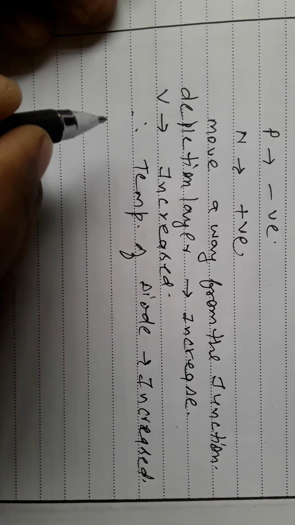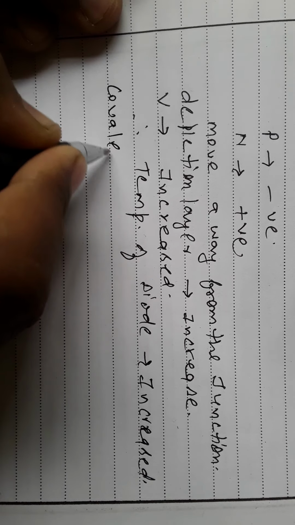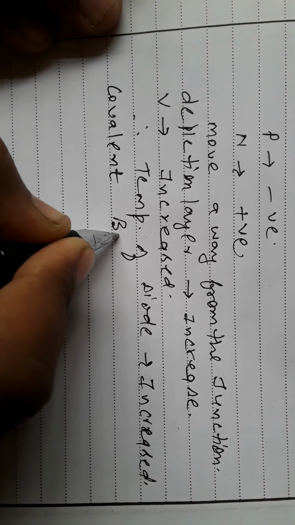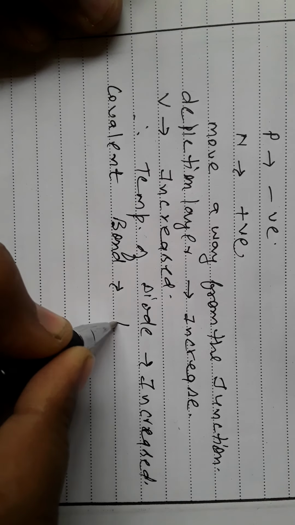So we can say that the covalent bonds get broken. If the covalent bonds get broken, a large number of hole and electron pairs are produced.